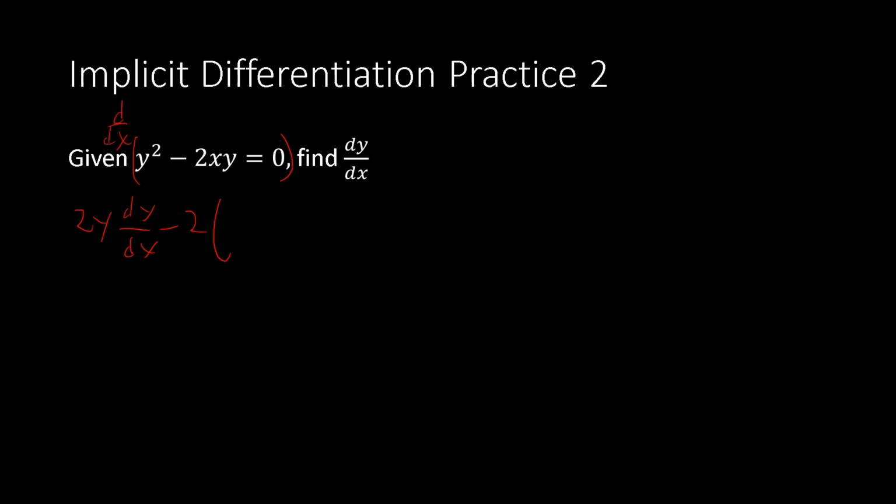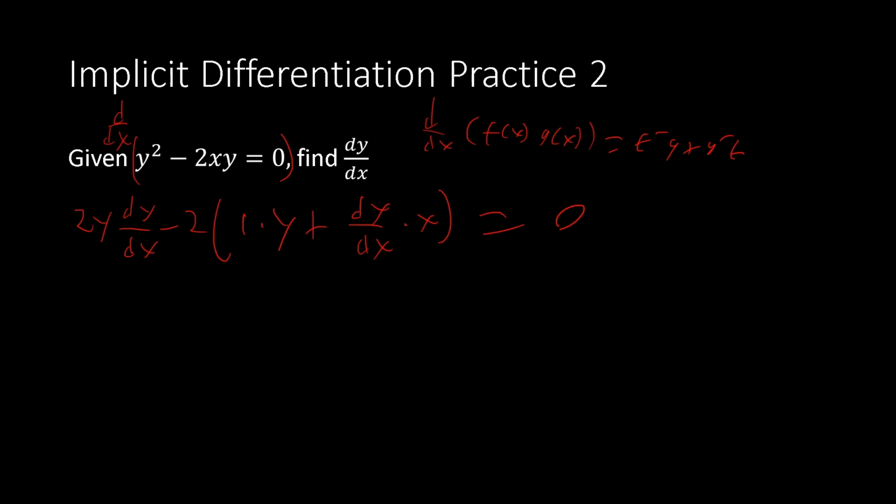So the product rule says that the derivative of f of x, g of x, is f prime g plus g prime f. And we're just going to, instead of using f of x and g of x, use x and y. So the derivative of x is 1 times just y, plus the derivative of y is dy over dx times just x. And the derivative of 0 is 0.